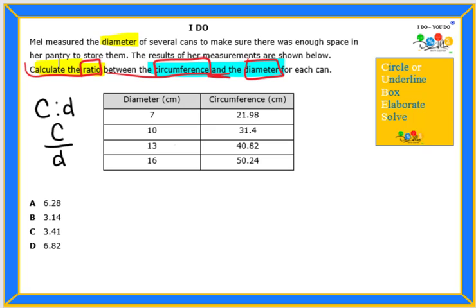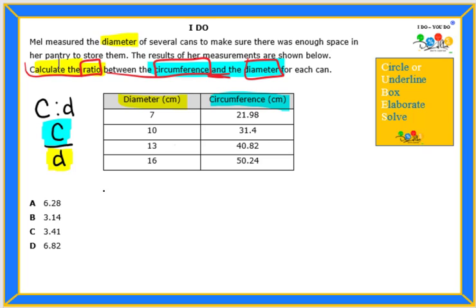And we're going to do that for each circle to see what we get. So let's start with our first circle. We have here labeled the diameters. That's going to go in the bottom for each ratio. And then we have the circumference. That's going to go on the top of each ratio.